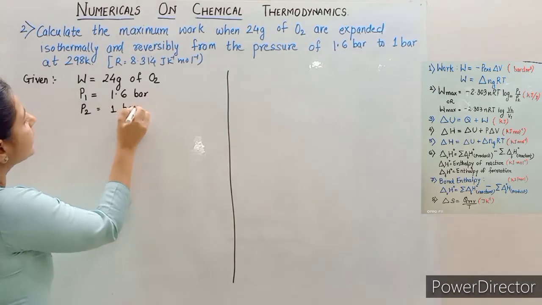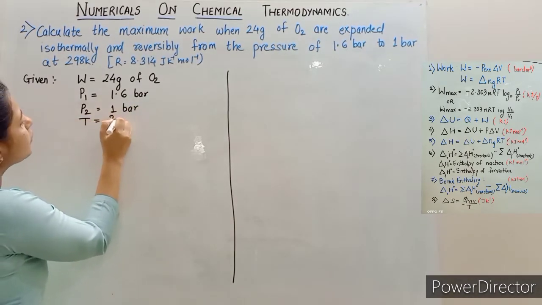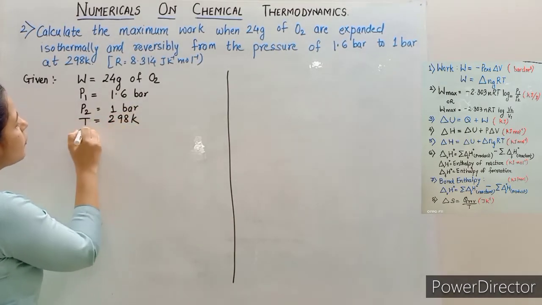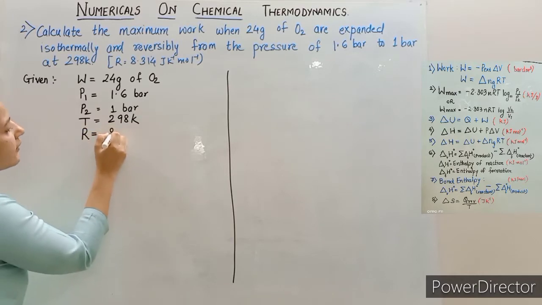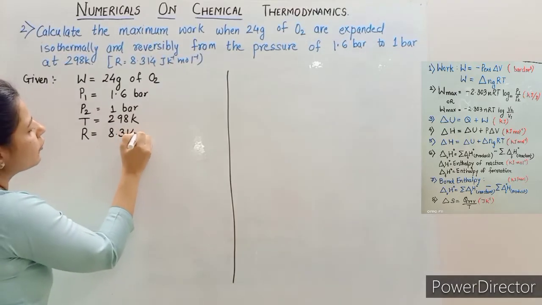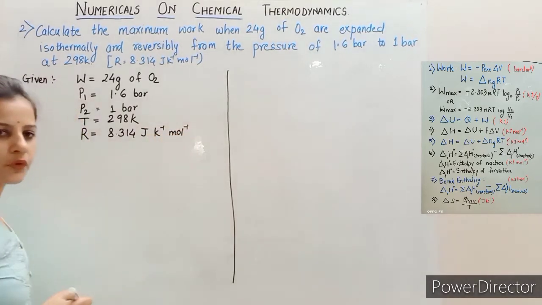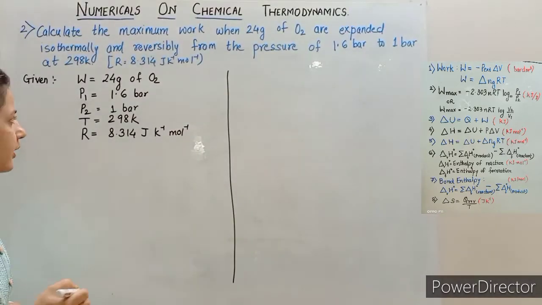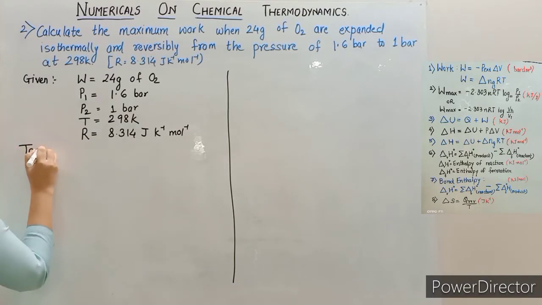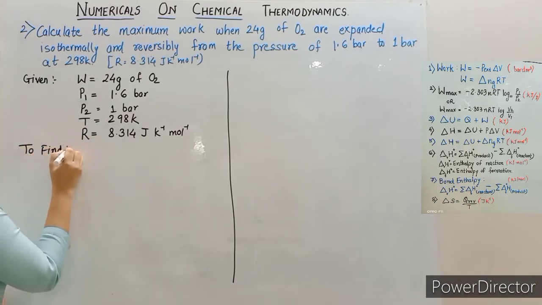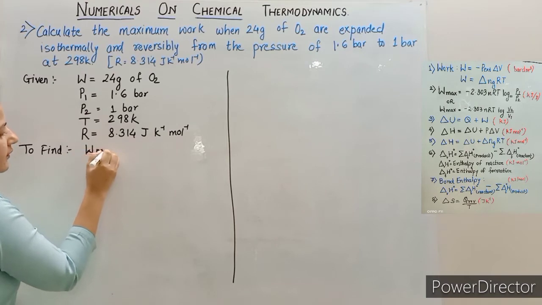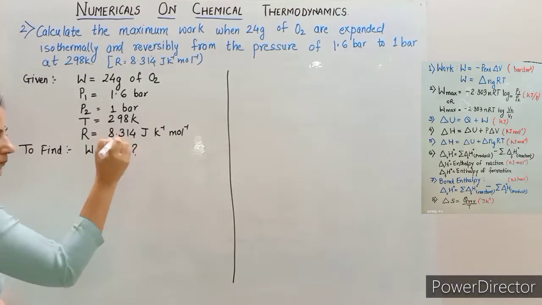The temperature T is given to be 298 Kelvin. Also the value of gas constant R is 8.314 joule per Kelvin per mole. So all these things are given, and we have to find out W max, the maximum work done.